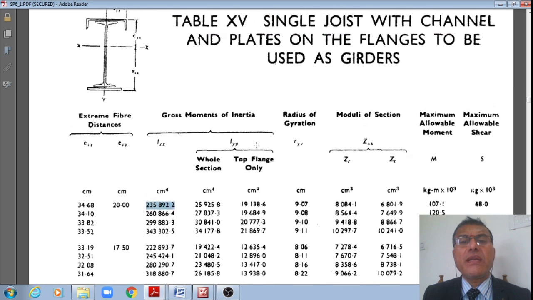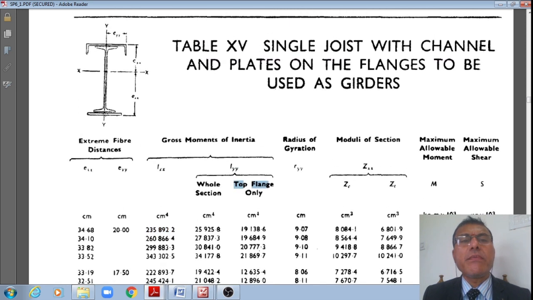and that of the top flange only, that is, only the channel section as well as the channel section along with the plate, and along with the compression flange of this ISMB section, what I am now highlighting, right?